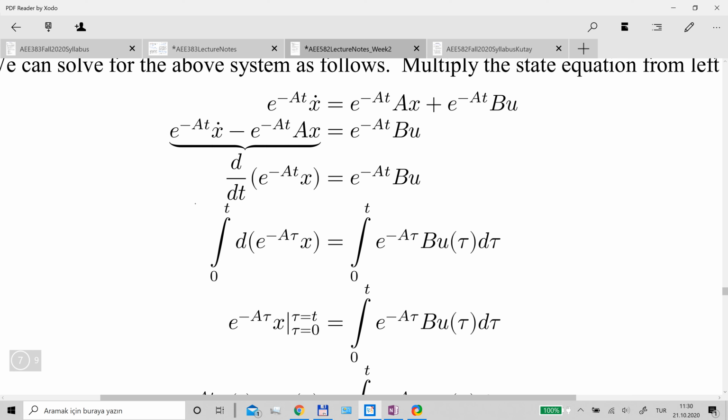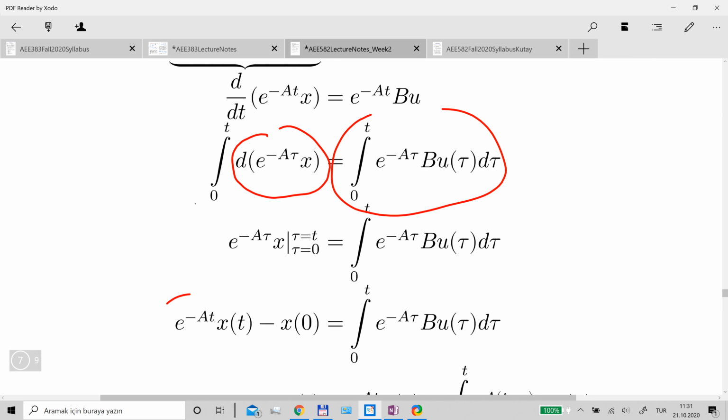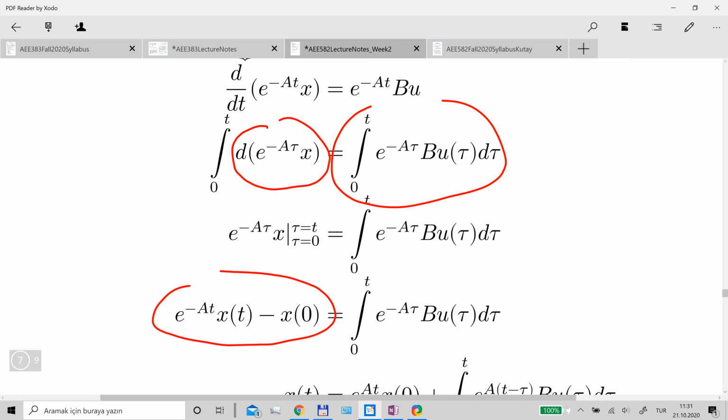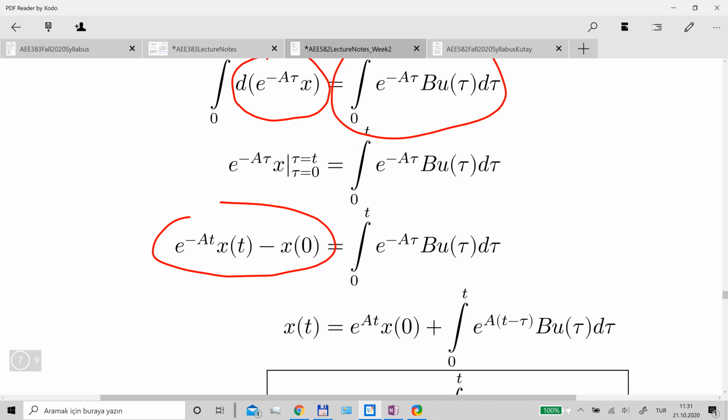On the left hand side, you have the integral of that term, and on the right hand side, this is the integral you have. So that term on the left can be opened as that. The integration limits assume that the initial time is 0, and you integrate up to time t. On the left hand side, you have that, and on the right hand side, the integral is still the same.